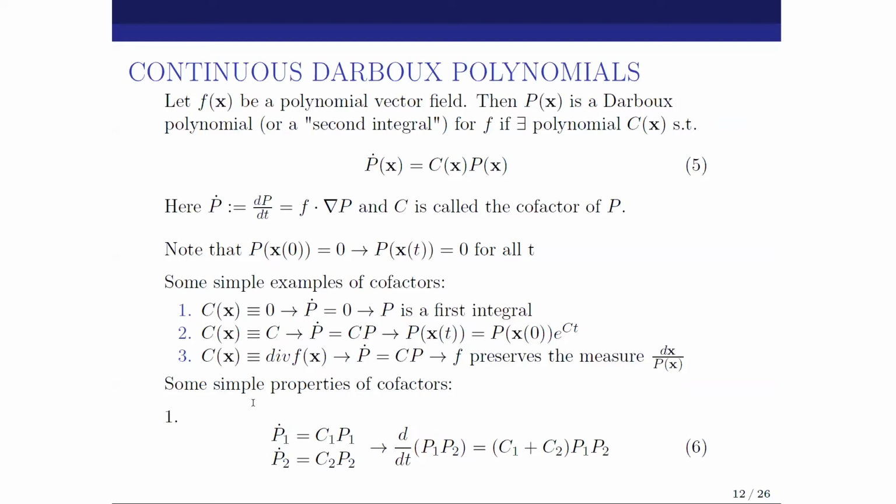And then an important case is also the cofactor equal to the divergence of the vector field. Then the solution of equation 5 gives the preserved measure, which is then 1 over P dx.